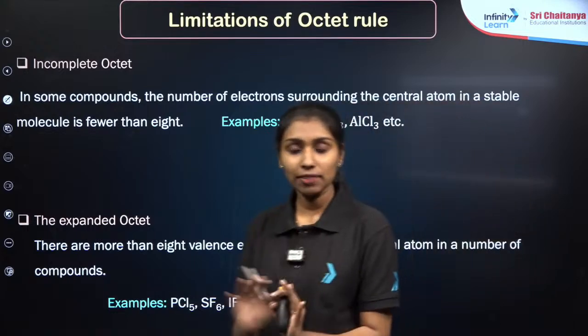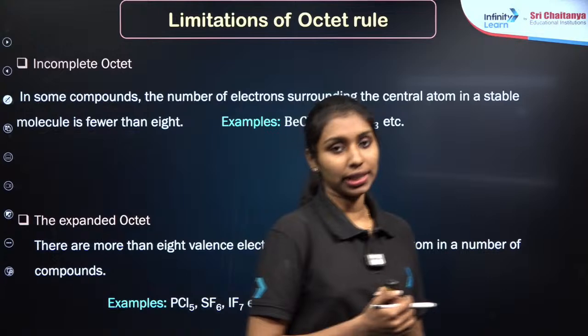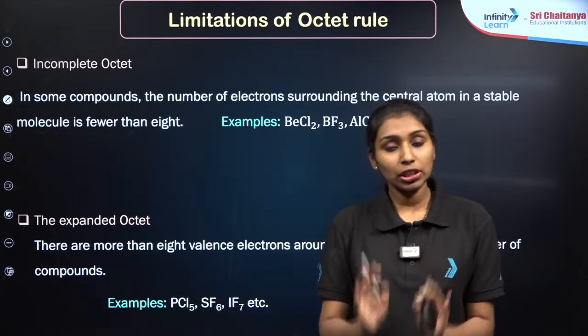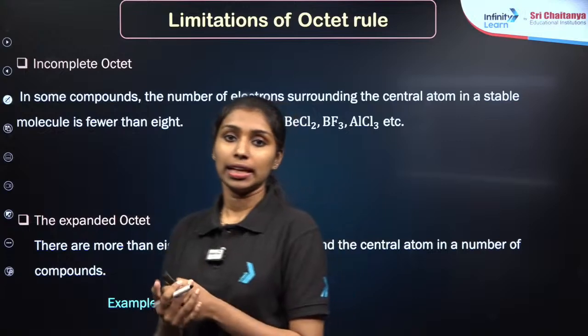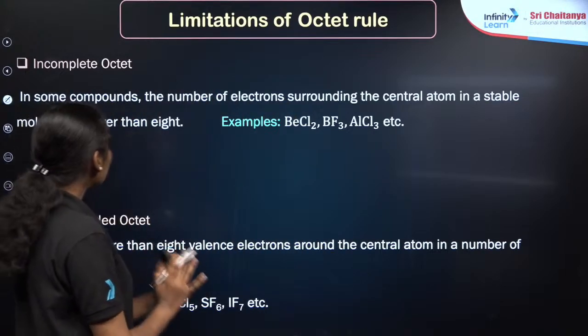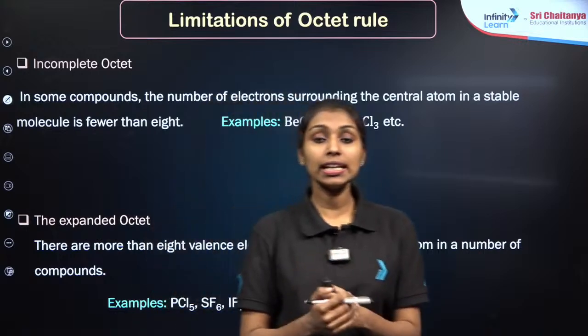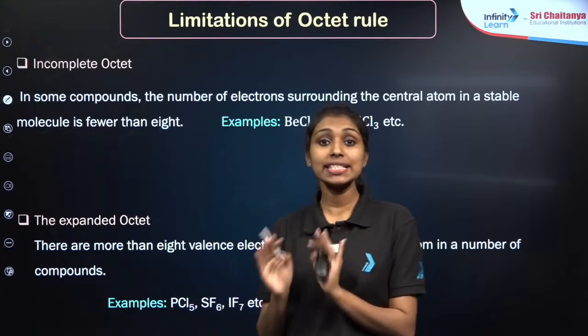Now, in the beginning we have studied the Kossel-Lewis approach. Then we moved to the octet rule, right? What do you mean by the octet rule? Even though they predict the stability of the atoms by using the octet rule, it has some limitations or drawbacks. Let us see what they are. First one is the incomplete octet, which means that some molecules having less than 8 electrons are found to be stable.